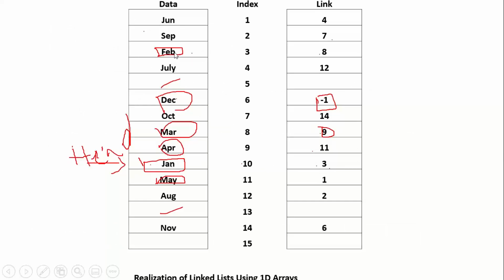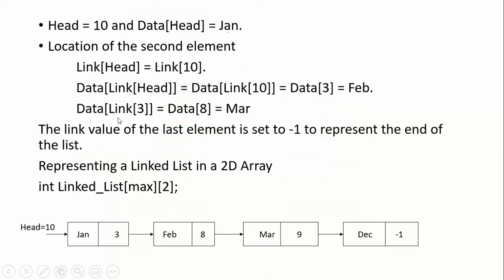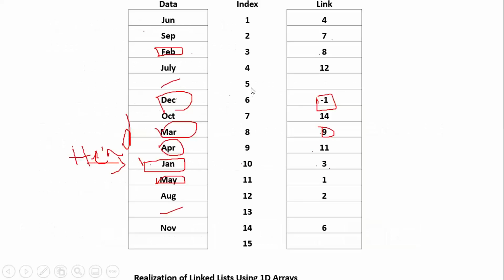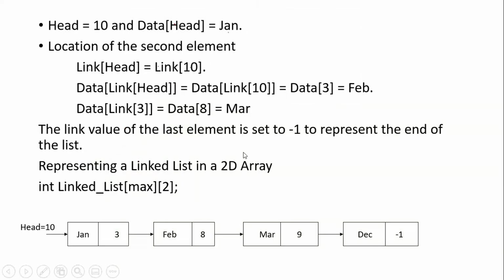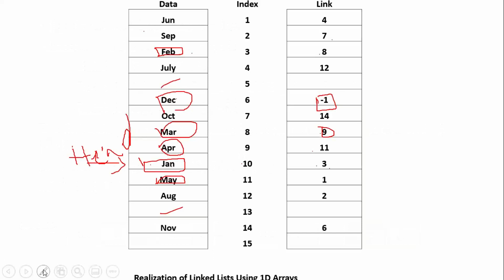And again, link of 3 is 8. So you move to position 8, and the data at 8 is March.